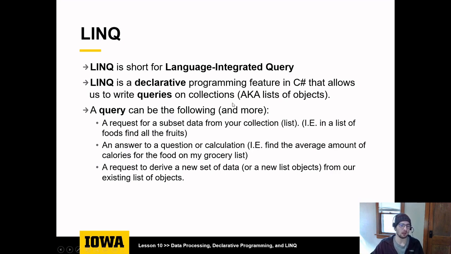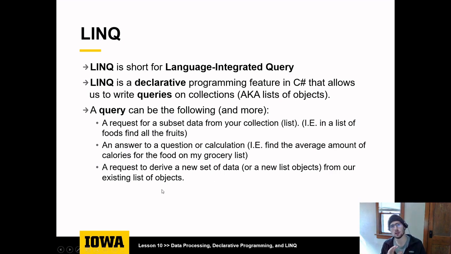So, for example: find the average amount of calories for the food on my grocery list. Okay, so it's like a question you're asking your grocery list. Can you calculate the average caloric content of all the items here? Okay, so it's another example of a query.